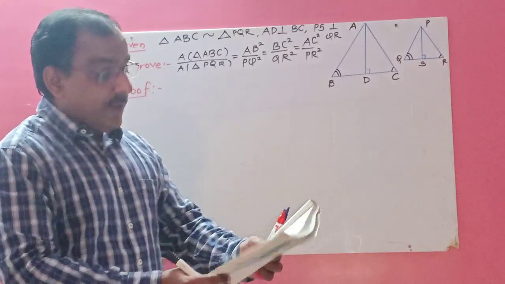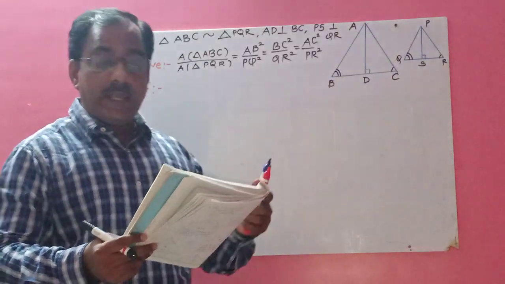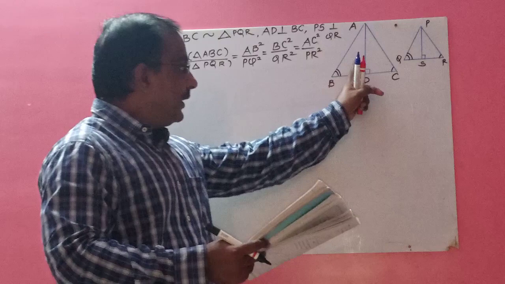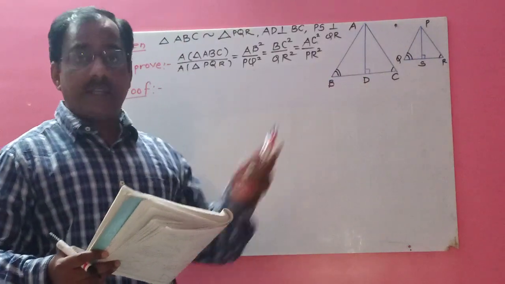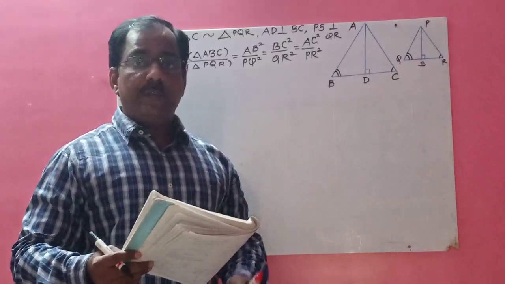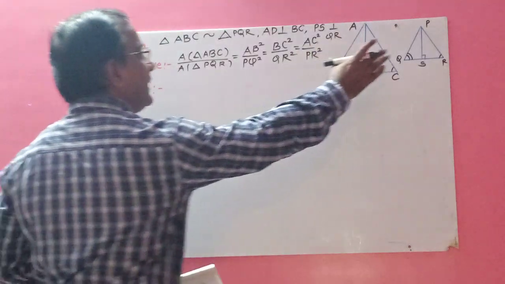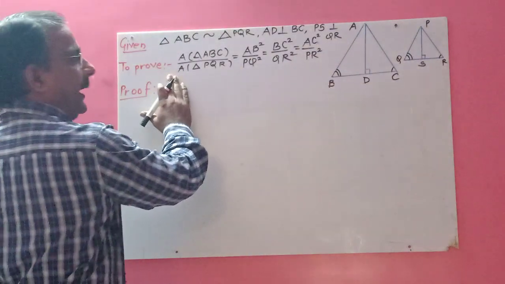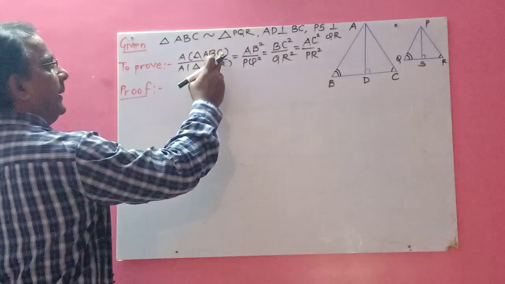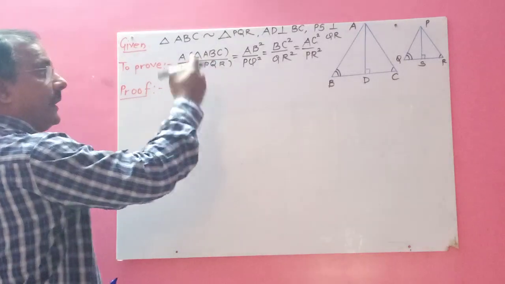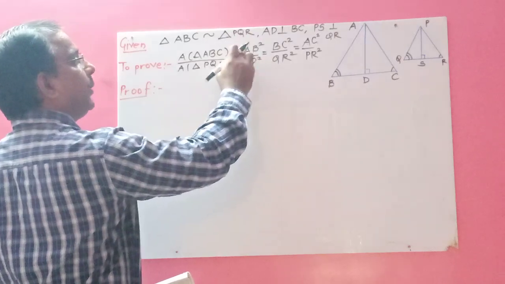But here what is given? When two triangles are similar, the ratio of areas of these two triangles is equal to the ratio of squares of their corresponding sides. Here you can see I have written the true part. The ratio of areas, meaning area of triangle ABC upon area of triangle PQR, is equal to the ratio of squares of corresponding sides.